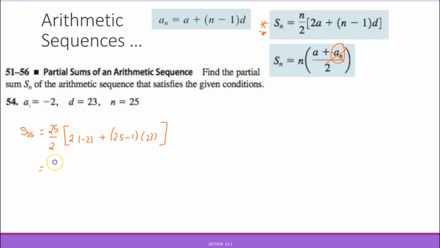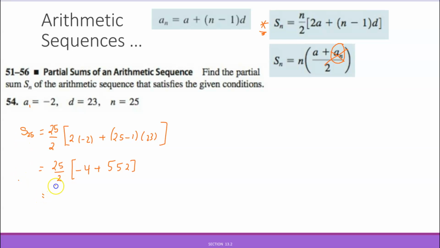Okay, so let's clean this up a bit. We have 25 over 2. Then this becomes negative 4 plus 24 times 23. 24 times 23 becomes 552. Okay, we're going to subtract 4.